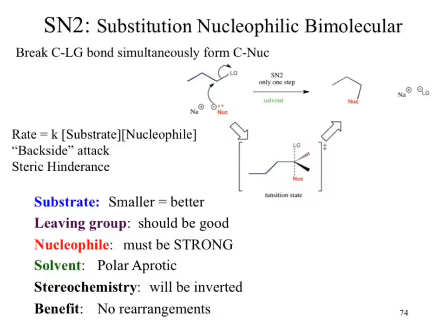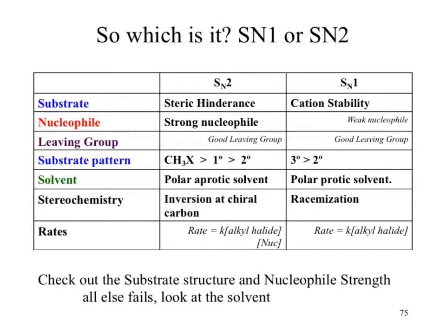Well, we have a strong one, so it could potentially push us immediately towards SN2. But what if the substrate is massive? If we have a massive substrate, can we do SN2? No. So what does that mean? SN1 starts to come into play. So there's now a dynamic on deciding between our mechanisms, which one's best.